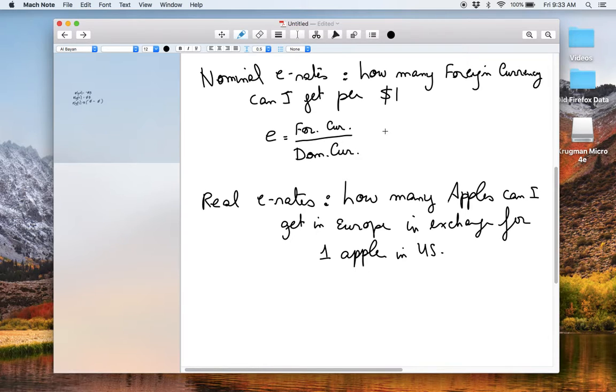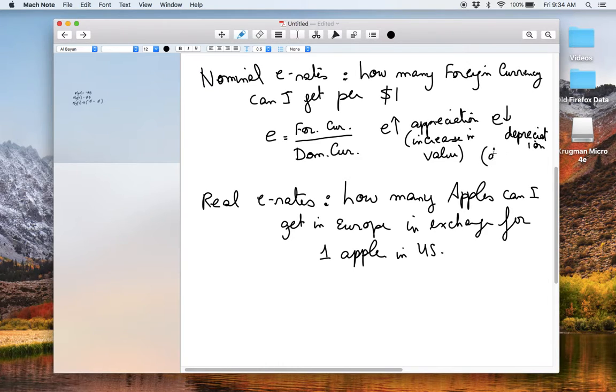okay? And when the domestic currency can purchase more foreign currency, so when the nominal exchange rate increases, we call that an appreciation, which means that, for example, if you can get more foreign currency for each dollar you have, that's an increase in value. Okay? And if the exchange rate falls, we call that a depreciation.